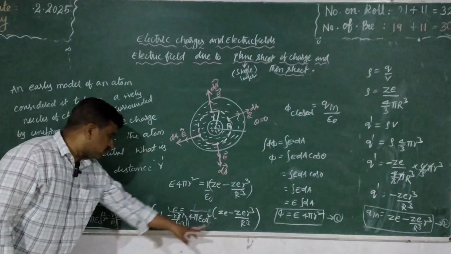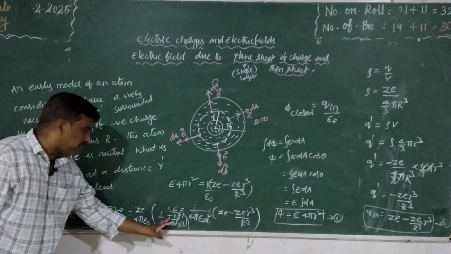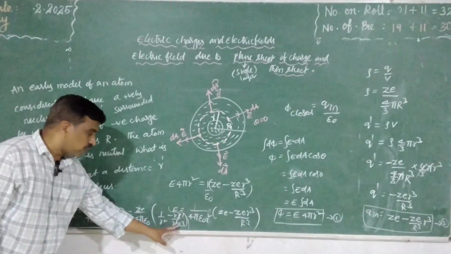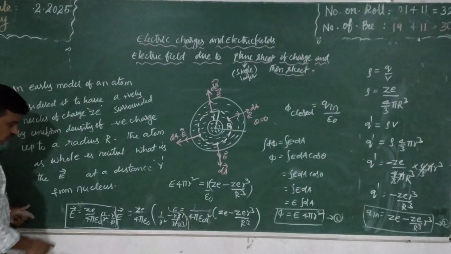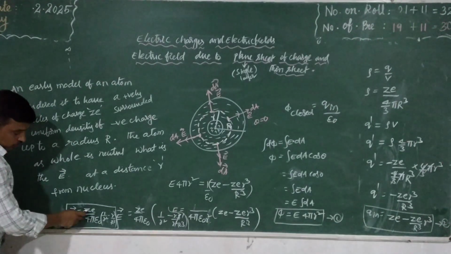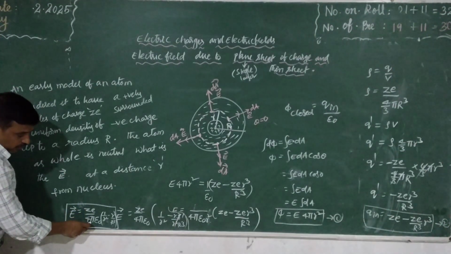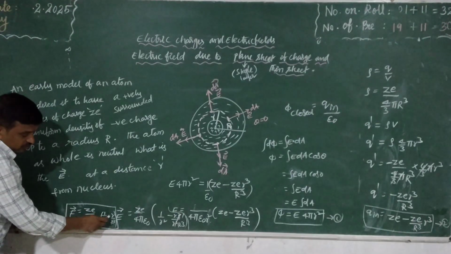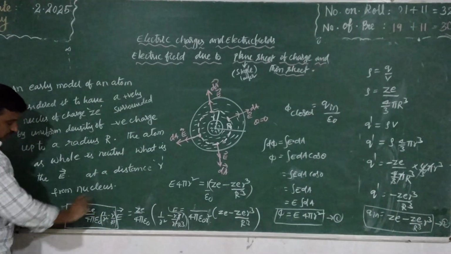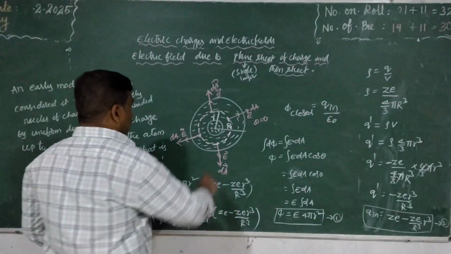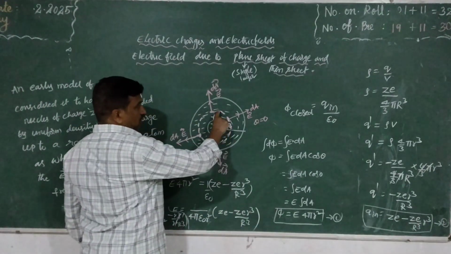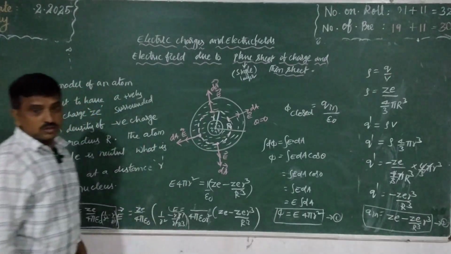Taking 1 by r square minus r cubed by r square into capital R cubed, r square cancels, 1 is there. So the electric field equals Ze by 4 pi epsilon naught, 1 by r square minus r by R cube. This is the electric field due to the early model of an atom at a distance small r from the center, inside the atom.